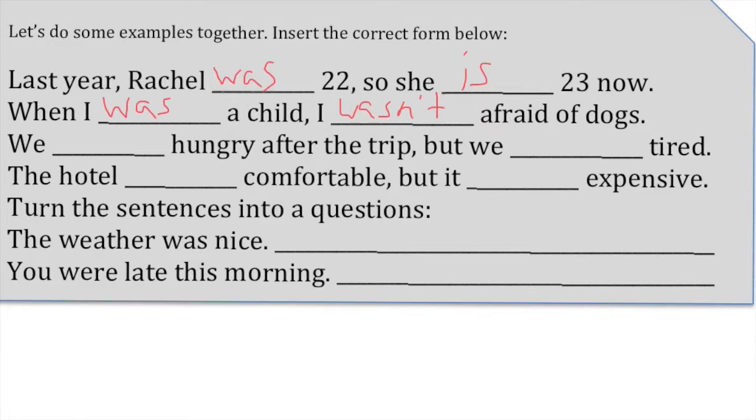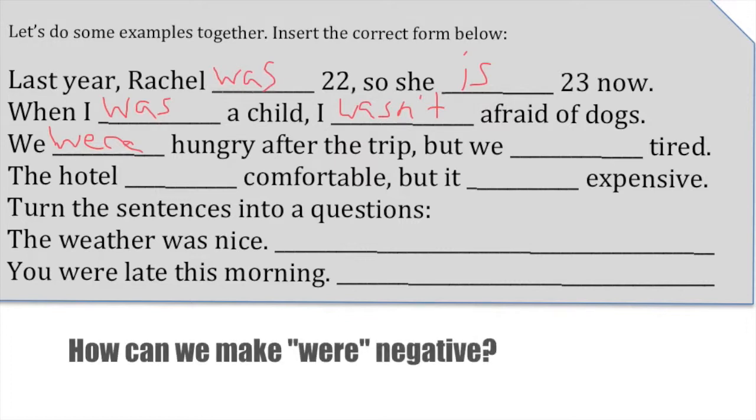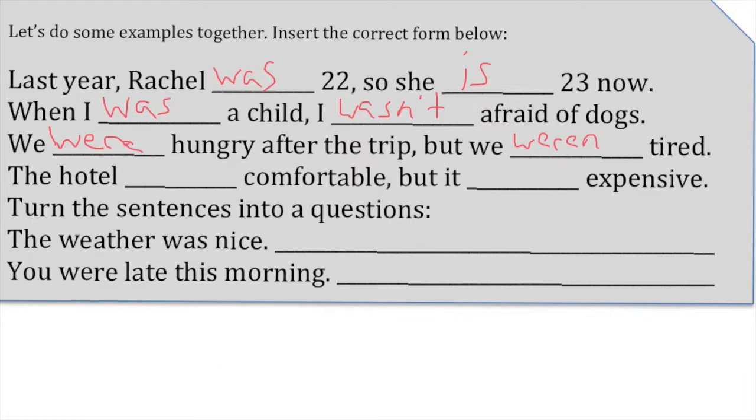You should say we were. Hungry after the trip, but we blank tired. Now we need to make this negative. So we were again, N apostrophe T, we weren't tired. There you go.